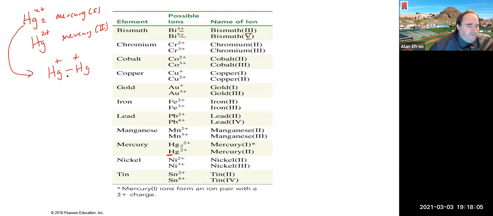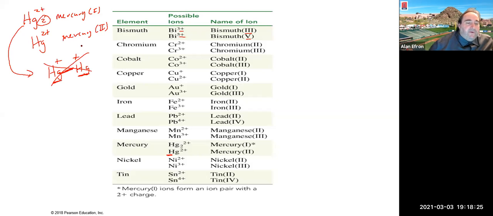It's what's sometimes referred to as a dimer, which is why there's a 2 on the bottom, because it's actually two individual Mercury 1s bound together. So oddly, the one with the most 2s in Mercury's case is the one that's Mercury 1, and the one with just the one 2 on top is Mercury 2.